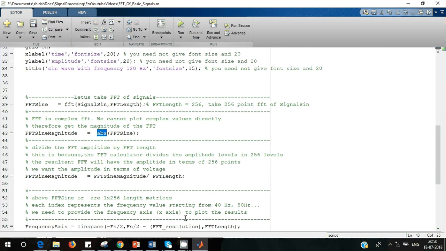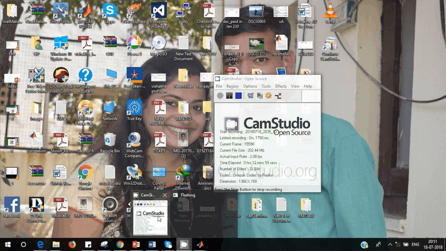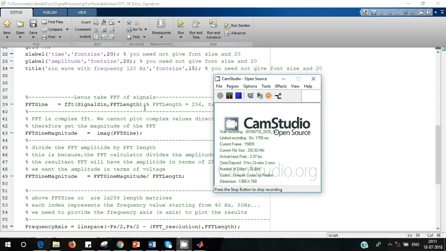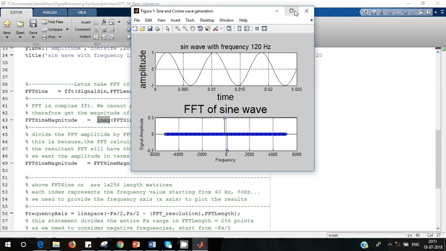If you want the angle, or you can say the imaginary part of this sine wave FFT, you can just simply write imag here. So we'll be getting something like this.